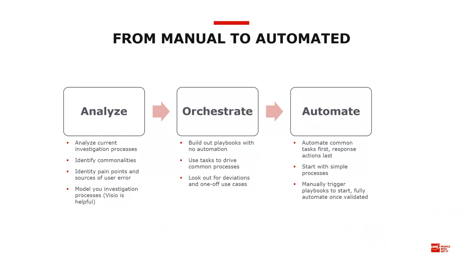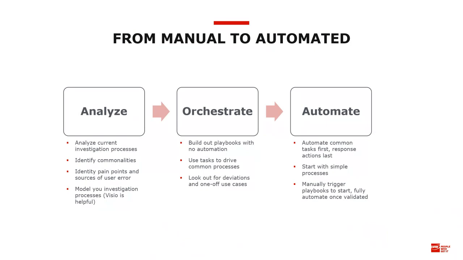But you want to know what your pain points are going in, and then you want to model your investigation. You can use any modeling tool you want; Visio is very handy there. You want to build out that process flow, and ensure that your investigators are following it as they do the investigation, before you do anything within Sentinel, whether it is even building out a benign playbook that is mostly orchestrated or automated.